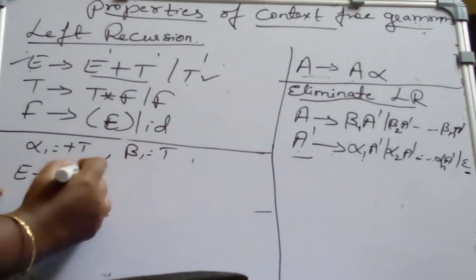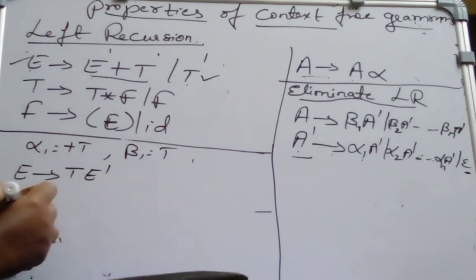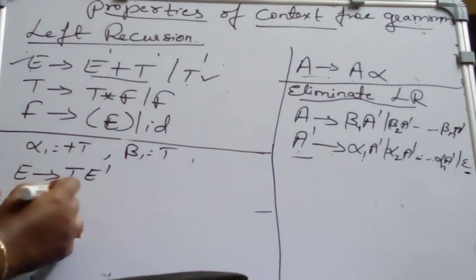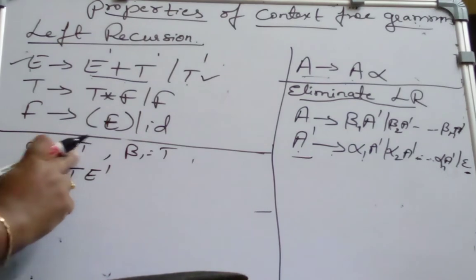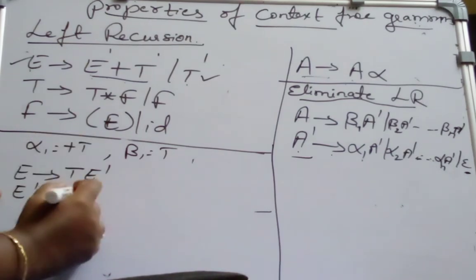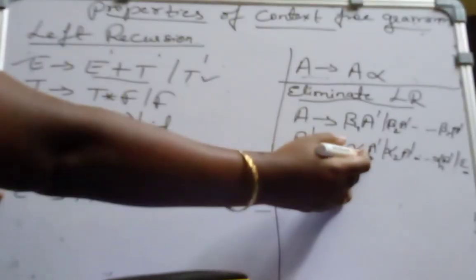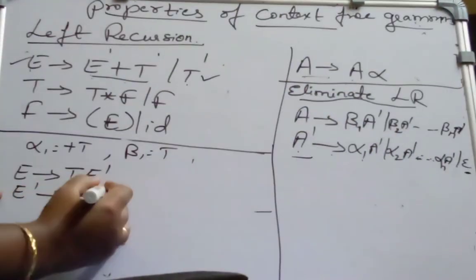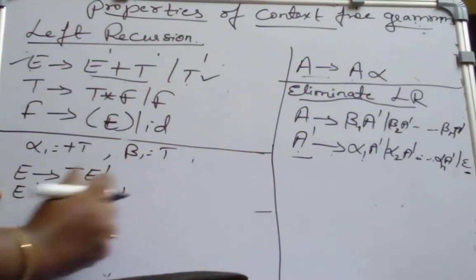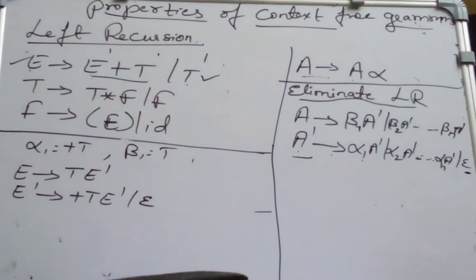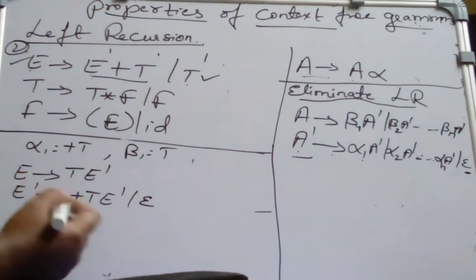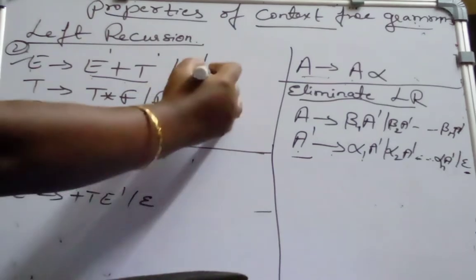Beta 1 here is T, so T E dash. And what is E dash? E dash derives alpha 1 E dash. Alpha 1 is plus T, so plus T E dash or epsilon. So this is the second example we are discussing, where we removed the left recursion in this grammar.